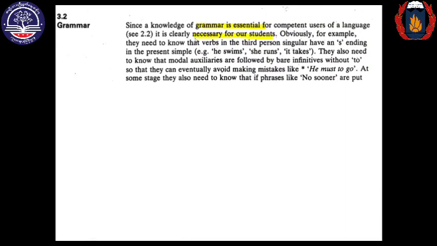How much do you agree? Totally agree? Partly agree? Totally agree. I totally agree. Sometimes, if you don't want to agree totally, then we can say, I partly agree with you. If you want to agree totally, then you can say totally agree, 100% agree.